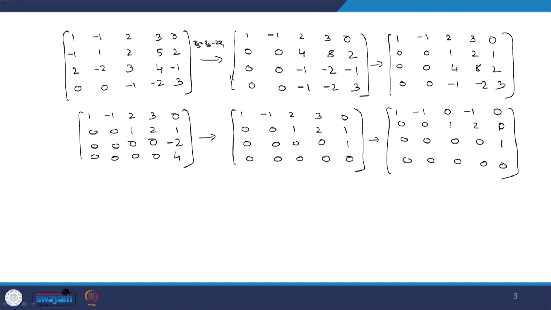Okay, so this implies the dimension of the subspace W is 3.